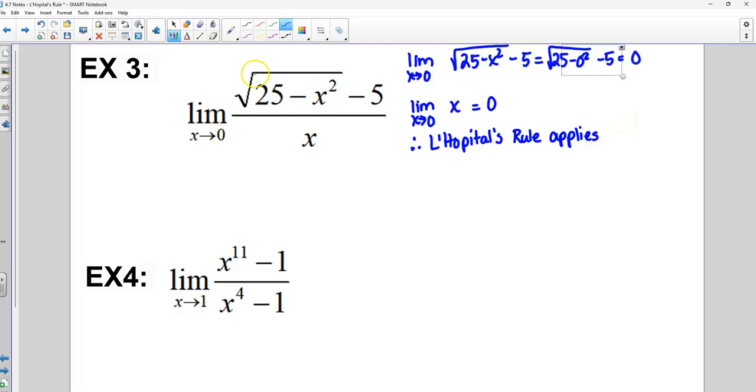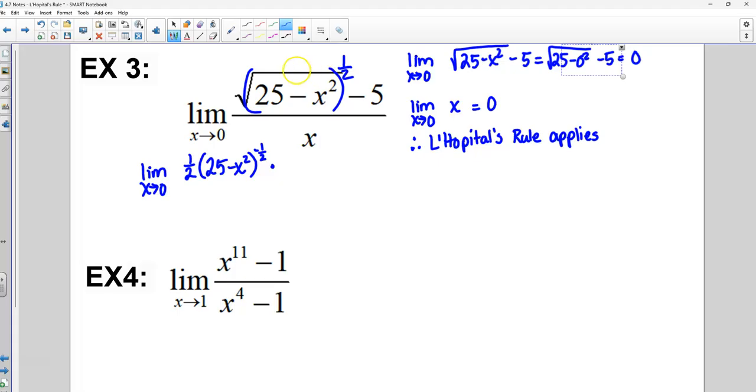Now, that square root right there, let's think of that as this to the 1/2 power. That'll make it easier for us to take the derivative. So we could say the limit as x approaches 0. We've got to do a chain rule here. So we'll have 1/2 times 25 minus x squared to the negative 1/2 times the derivative of the inside.